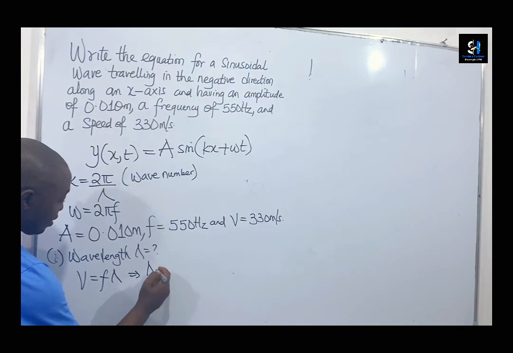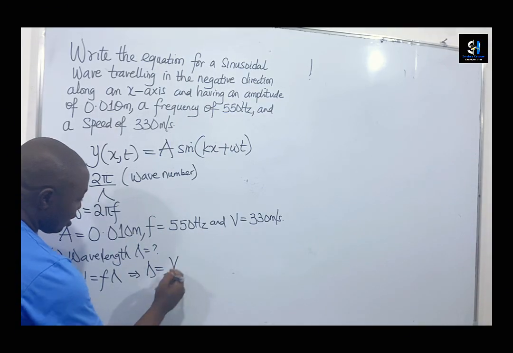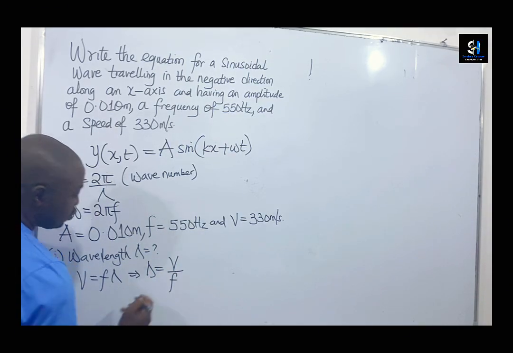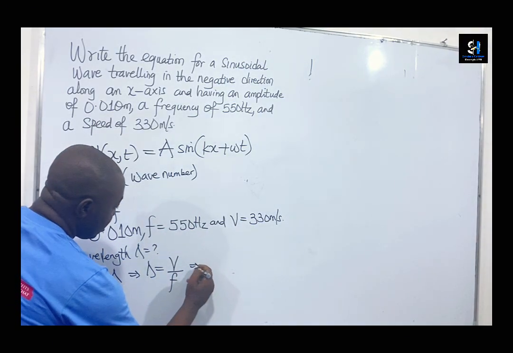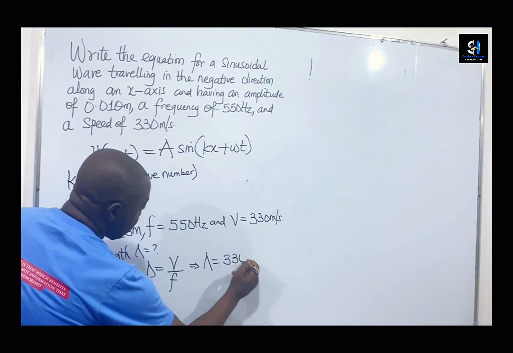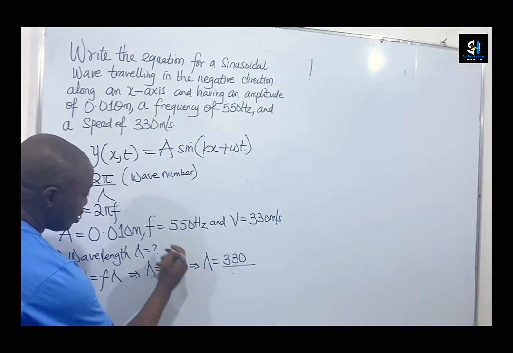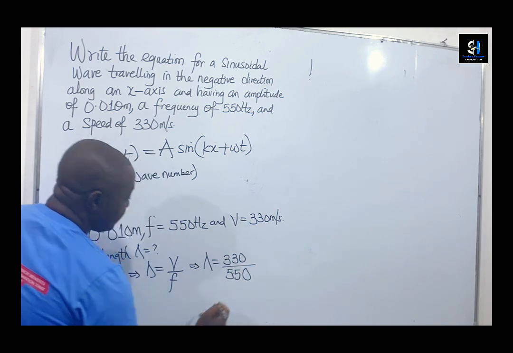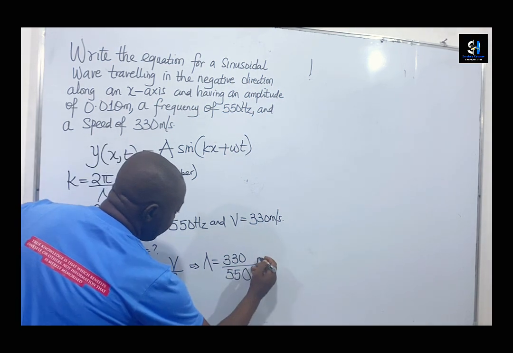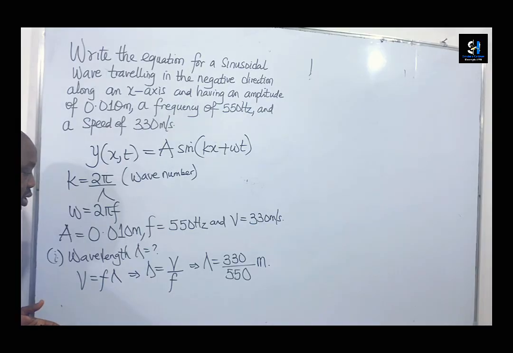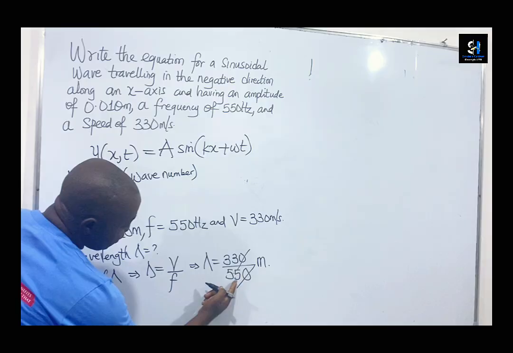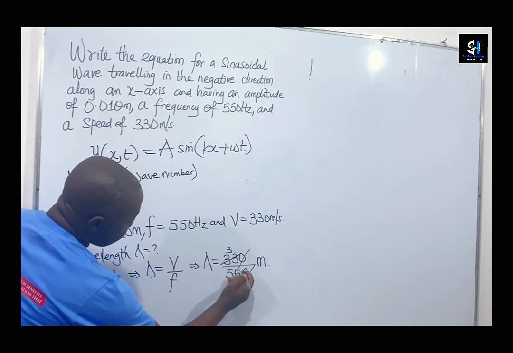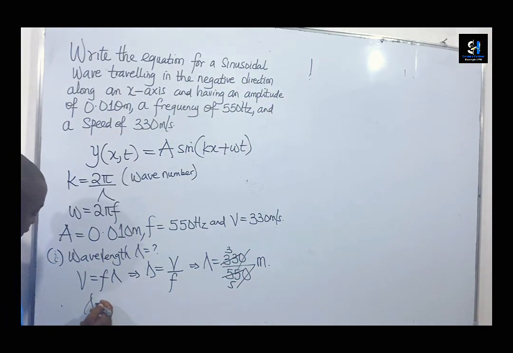Making lambda the subject, lambda equals v over f, which is 330 meters per second divided by 550. The unit of wavelength is meters. Dividing both by 11, we get 3 over 5, so the wavelength is 3/5 meters.